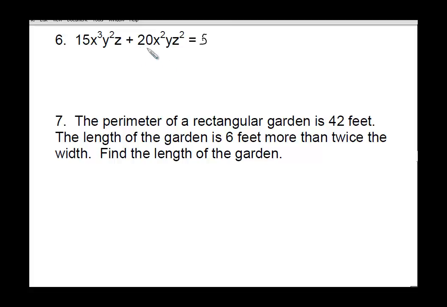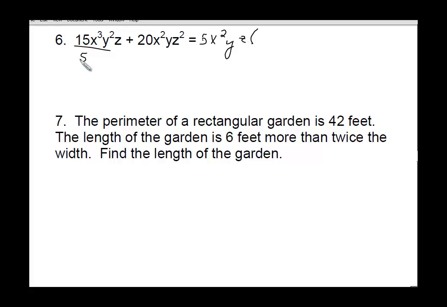Then you look and you have 2 x's in both of them, so 5x squared. You have a y in each of them, at least one y, and you have one z in each of them. So that's your greatest common factor.